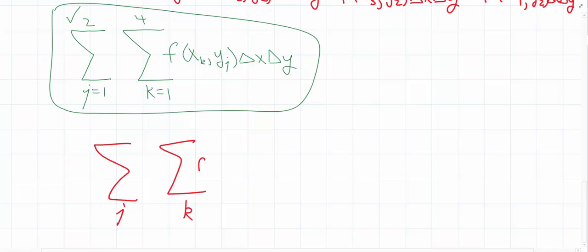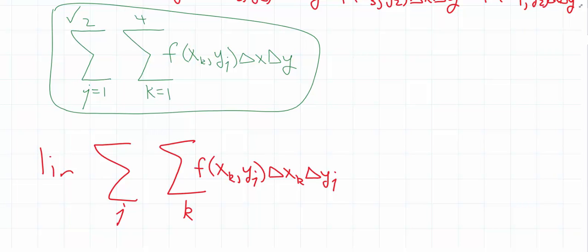And then I've got f of x sub k, y sub j, delta x k, delta y j. And I'm going to do just like I did in single variable calculus. I'm going to take the norm of the partition and let it go to 0.